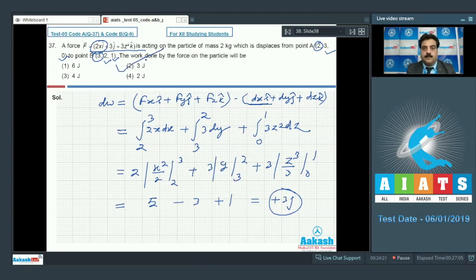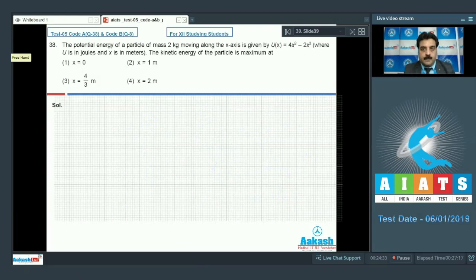So let's move on. Question number 38. In question number 38, the potential energy of a particle of mass 2 kg moving along the x-axis is given by 4x² minus 2x³, where U is in joule and x in meters. The kinetic energy of the particle is maximum at.